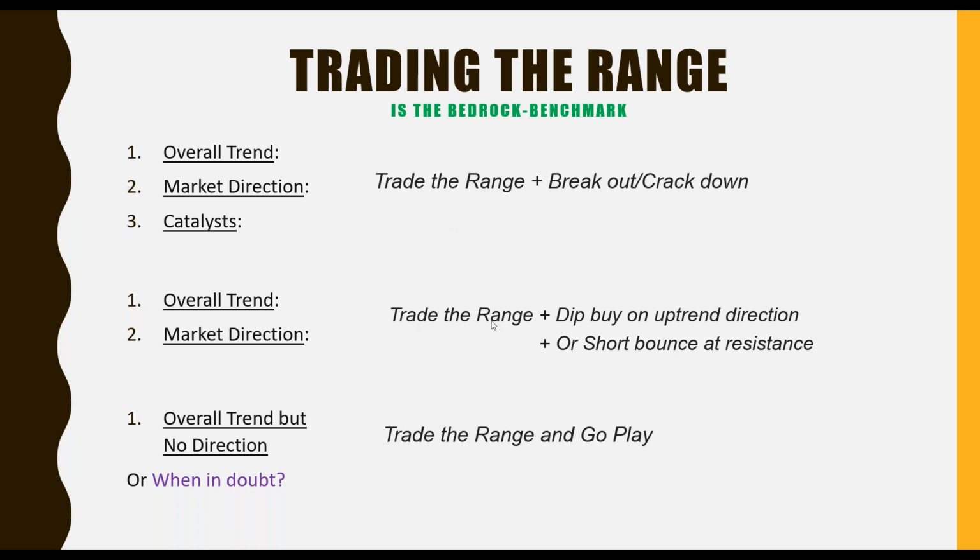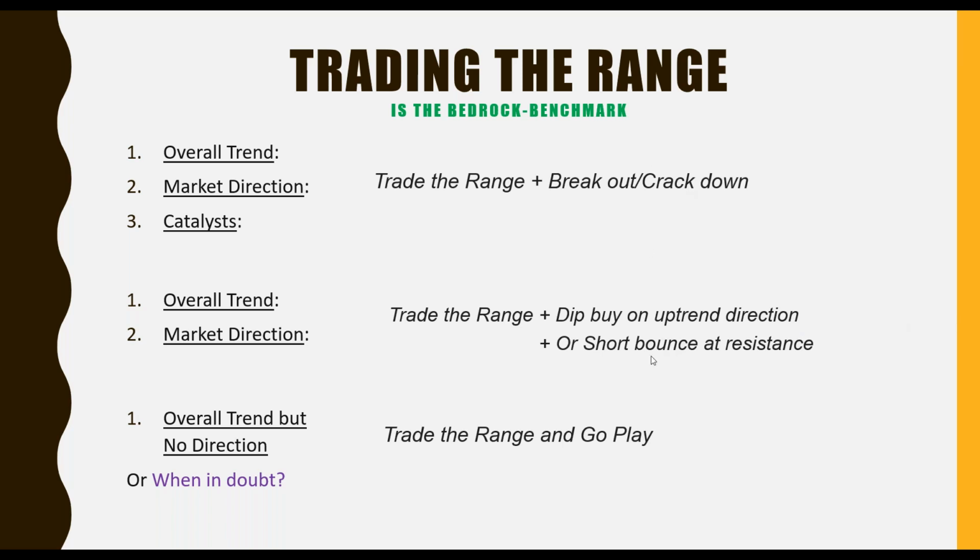so that we trade the range, and then we can buy the dip on the uptrend. Today the direction is up, people are bullish. We're going to buy the dip, go back down to the bottom of the range. We'll make a dip buy. Or the overall trend is down and the direction is down. People are bearish today. The stock is bearish. Then we try to trade the range and short the bounce at the resistance.